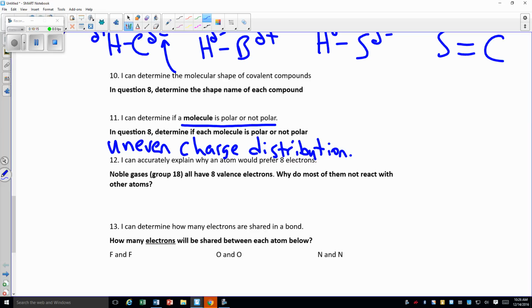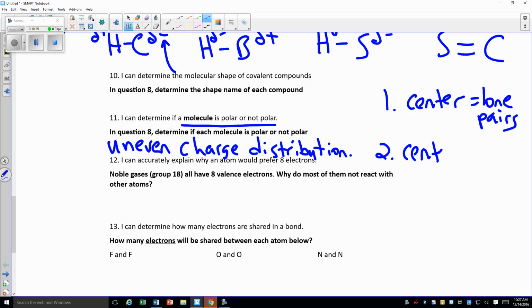You will only see that in two cases. One, the center has lone pairs, or the center is bonded to multiple different things.